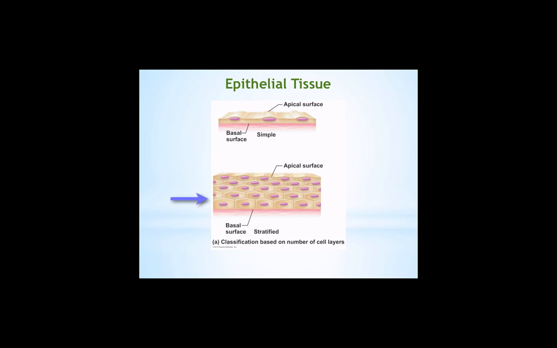A more complicated structure is this stratified one, but it's the same basic idea, that you've got an apical surface and a basement membrane, but the cells are arranged in a number of layers. And in both cases the cells can have different forms, and we'll look at those in a moment.